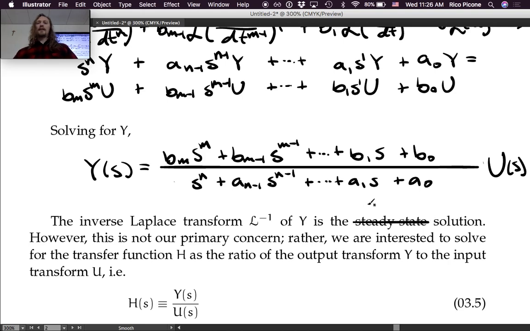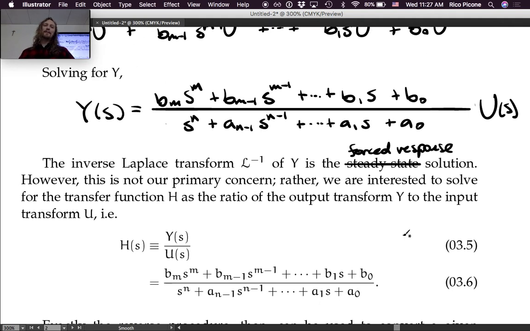It is what we have called the forced response, which is to say the response of the system to an input with initial conditions all set to 0. So yeah, that's why you don't write notes at 2:30 in the morning. It's just a heads up.